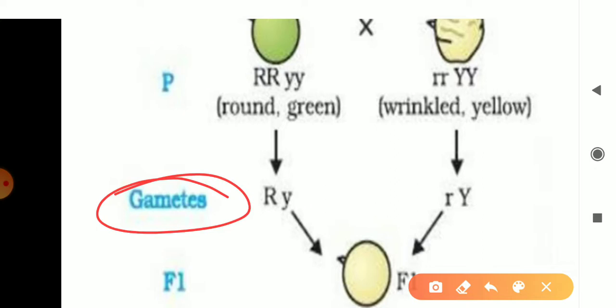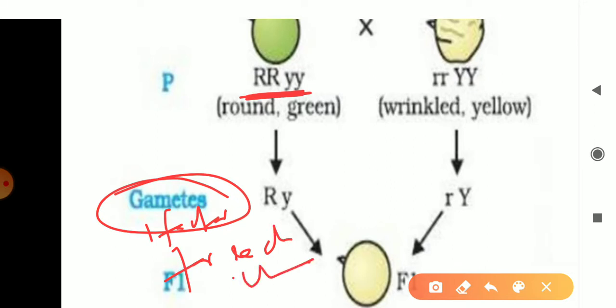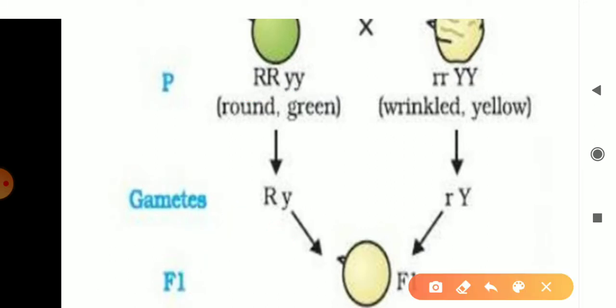He said that the factors are present in pairs in an individual, but when gametes are formed, the gametes get only one factor for each character. So for the shape, in the individual there are two factors for round shape, but when the gamete is formed, only one factor for round will be sent to the gamete.